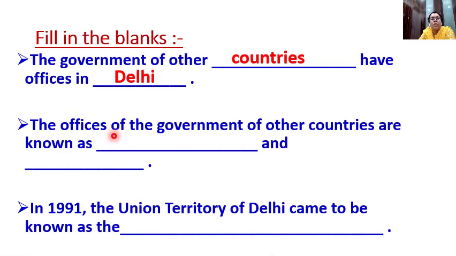The officers of the government of other countries are known as dash and dash. They are known as high commissions and embassies. You have to remember the names along with the spellings.